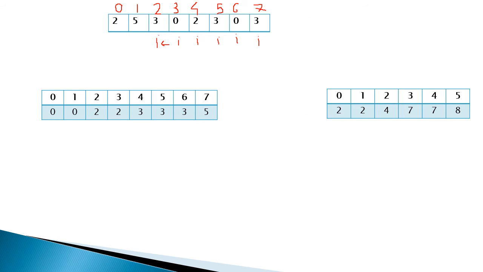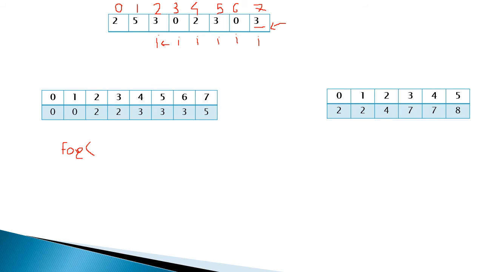Here we discuss the code, that is how to build an output array. For this, as I said, we start from the last element of the original array. That's why the initialization for this is what?